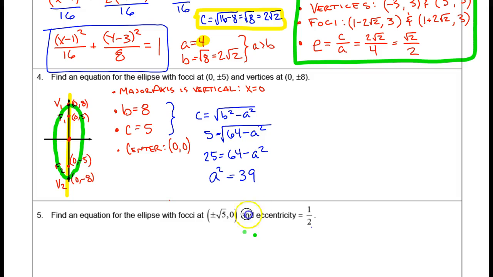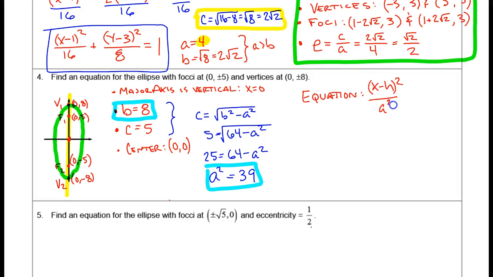So from this point, I think we really have all we need to write the equation of this ellipse. I'm going to need to know my b value and my a value. So remember, our equation is going to look like this: x minus h quantity squared over a squared plus y minus k quantity squared over b squared equals 1.